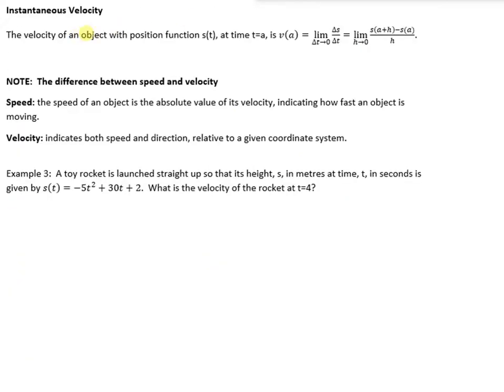Now let's talk about instantaneous velocity. So the velocity of an object with the position function s of t, again, position is going to be the s. You're going to see that time and time again. When t equals a, so we saw this exact thing, but we talked about x equals a. So the velocity, we can call it v at a, equals the limit as delta t approaches 0, so the distance in time, so instantaneous, right?